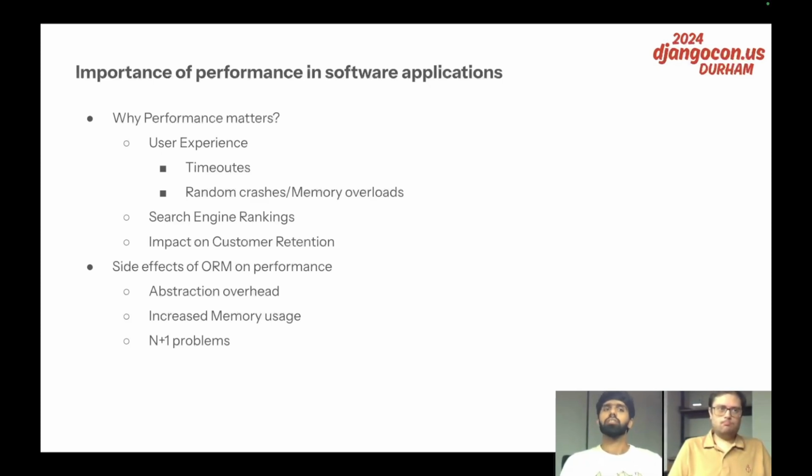Performance issues can also lead to timeouts and even random crashes due to memory overloads. And one important aspect is search engine optimization, where search engine rankings will be affected if our application is slow, leading to low user turnout and reduced visibility for us.